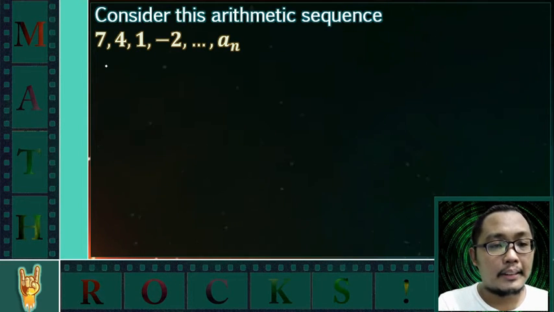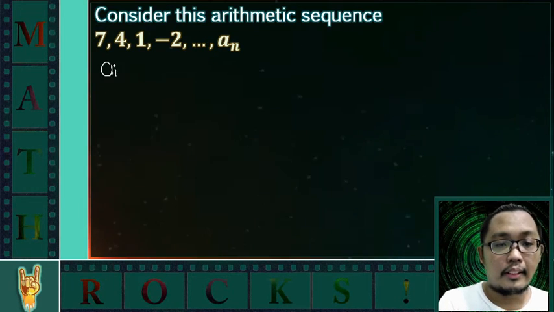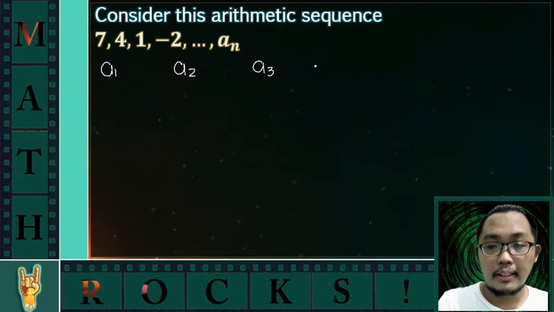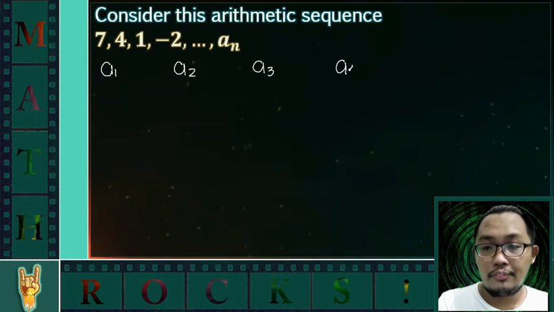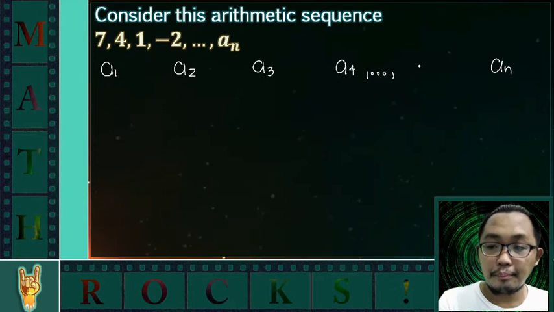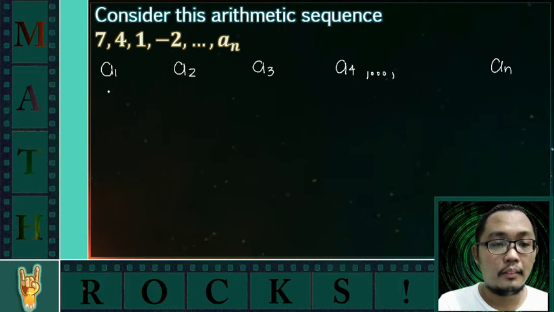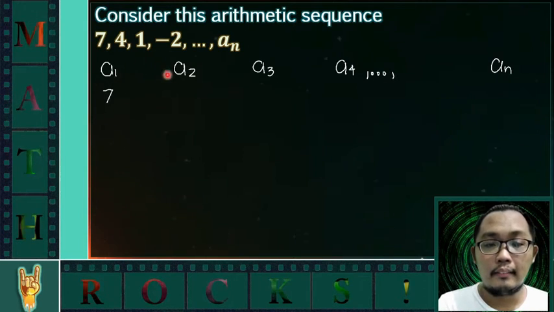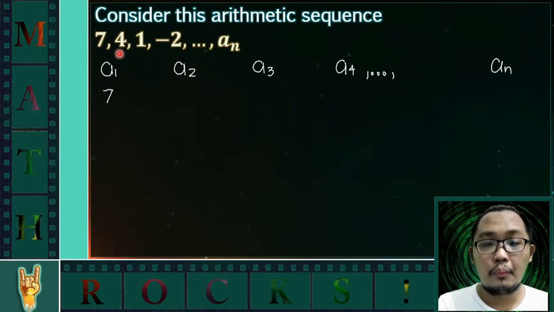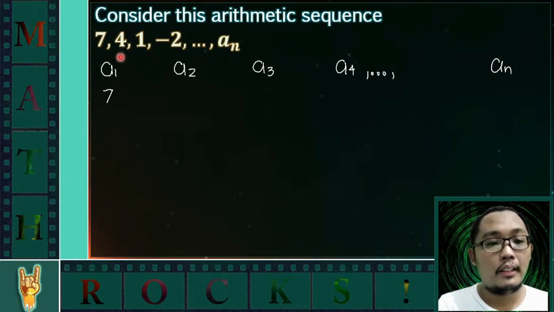But before we do that, let us have these terms written first: a sub 1, a sub 2, a sub 3, a sub 4, until a sub n. Here our a sub 1 is 7, while our a sub 2 is actually 4. But like I told you, we would like to have each term written in terms of 7.